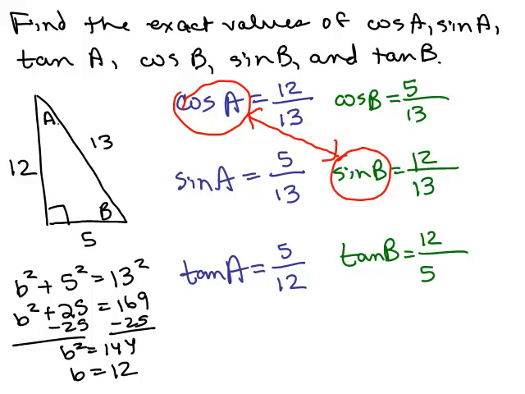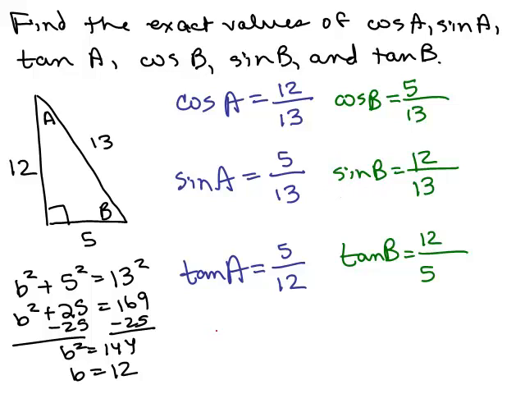And of course, the side adjacent to A is the same as the side opposite to B, and then both of them have the hypotenuse. So that's something you might notice. So once you have the cosine of one angle in a right triangle, you should be able to figure out that's the same thing as the sine of the other angle. All right. So that's kind of cool.